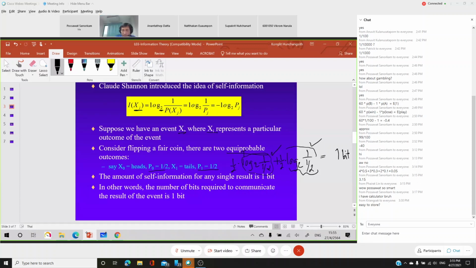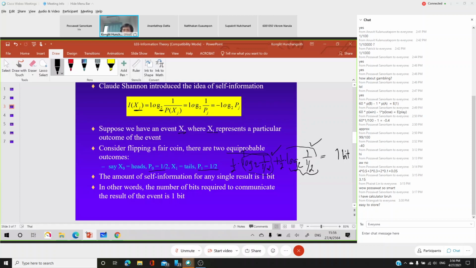So that's the average, 1 bit per symbol. A head is called 1 symbol, a tail is called 1 symbol. And that means when we show whether it's a head or tail, we get the information of 1 bit.